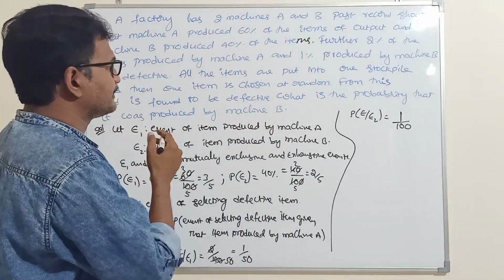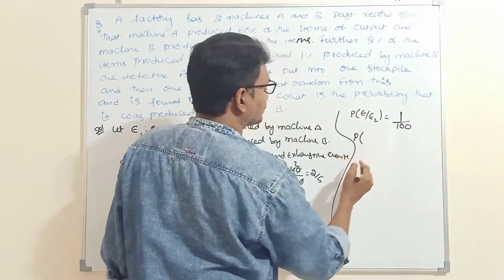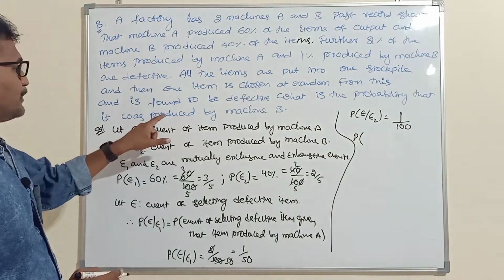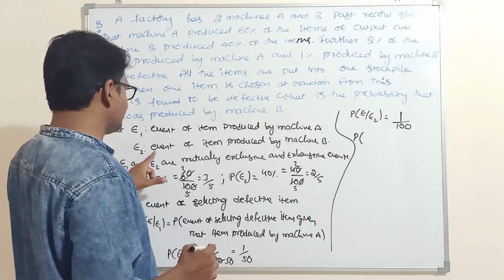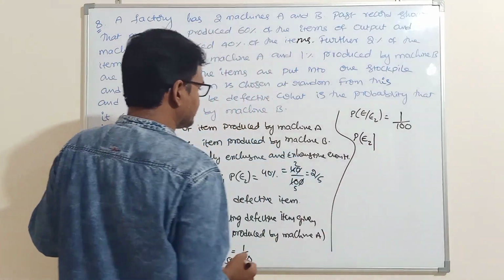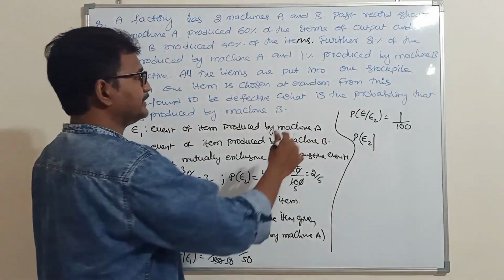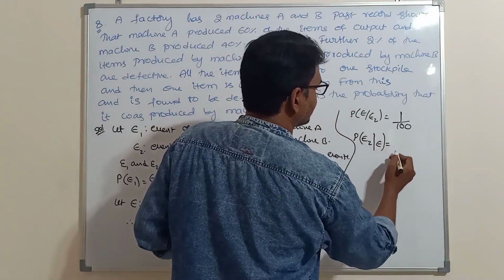Next, part 2, finally, what is the probability that the item was produced by machine B? Item produced by machine B means E2, given it was a defective item. E2 given E is equal to how much?